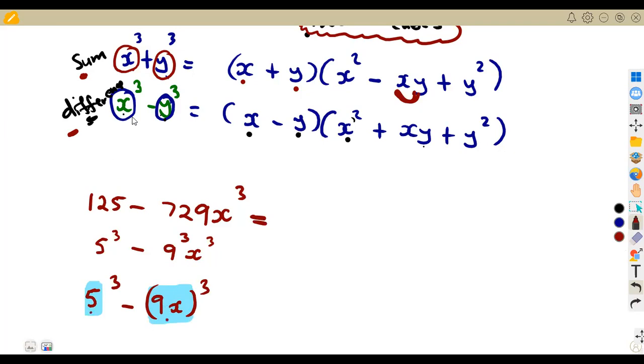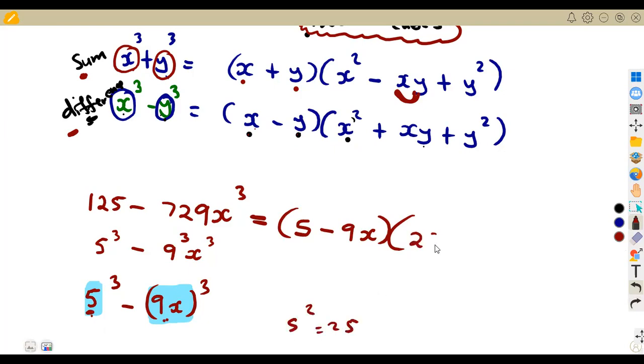So for the difference of 2 cubes, we said x minus y, which means first minus last. That is 5 minus 9x, the last term, into the bracket of first squared, which is 5 squared, which is 25.